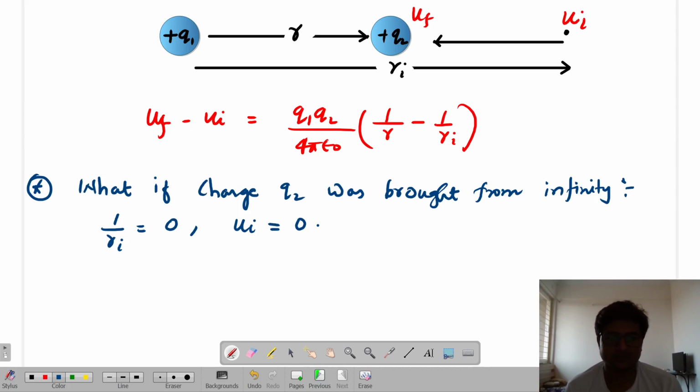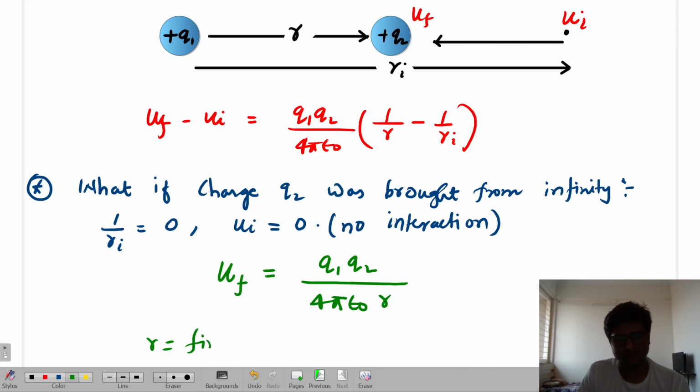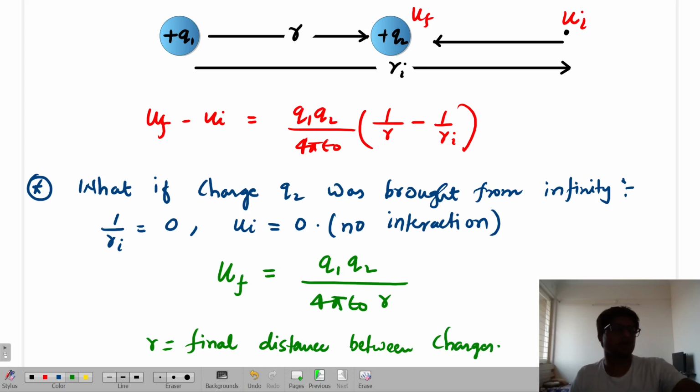Remember that there is no interaction at infinity, isn't it? When you can't have interaction, then you will have 0 potential energy. So you will get U final: if you bring the charge from infinity by doing some work, then U final is just Q1 Q2 by 4 pi epsilon naught into R, where R is the final distance between the charges. Are you able to get me or not? Now you got the idea?